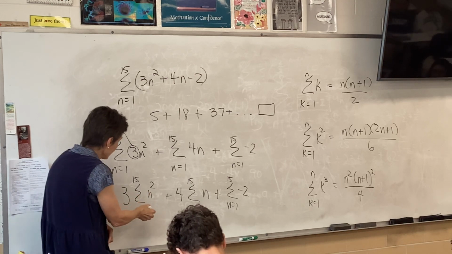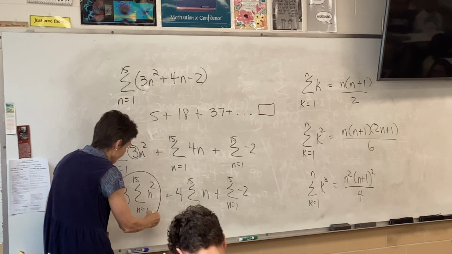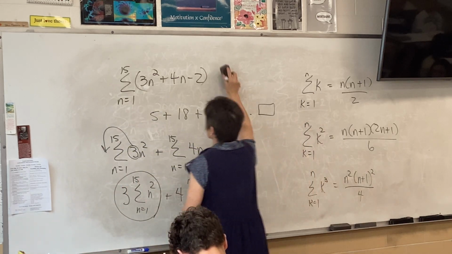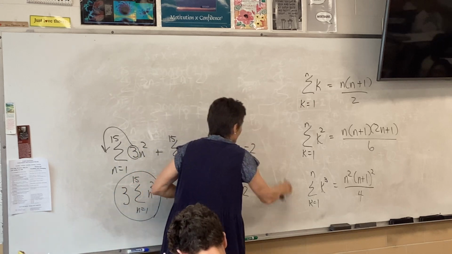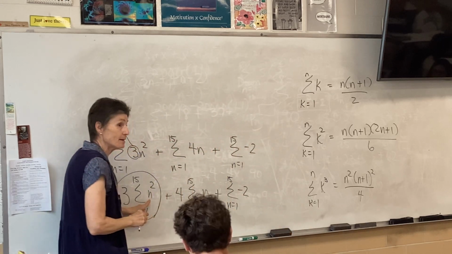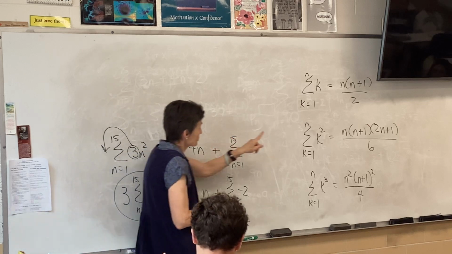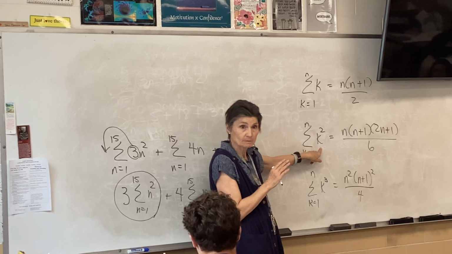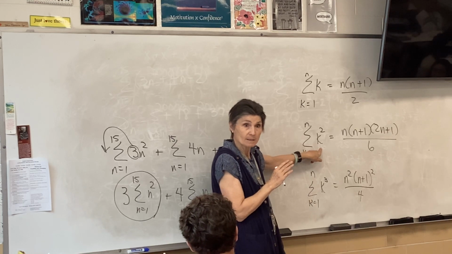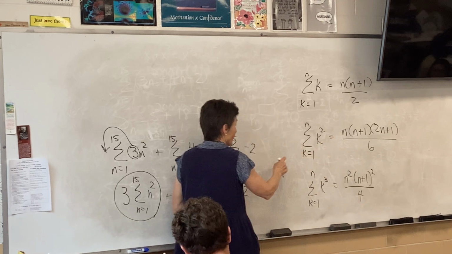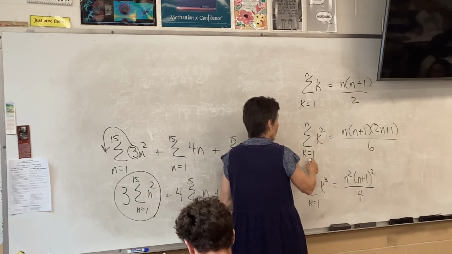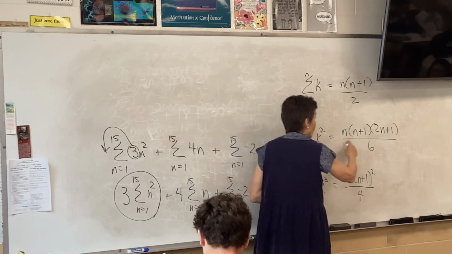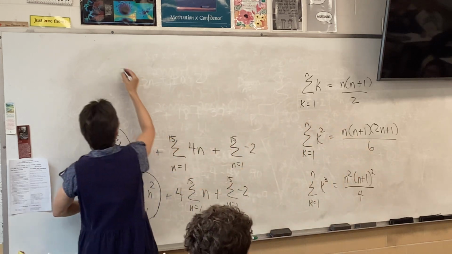Okay, now let's look at this guy right here. Now he's n squared. So right here is my formula for adding up the squares. So what does my formula say to do? If you are adding up from 1 to n, so for me that's 1 to 15, what is that sum going to be?